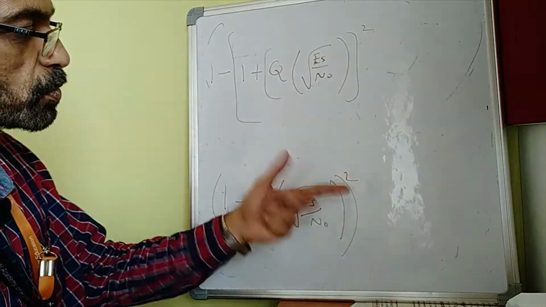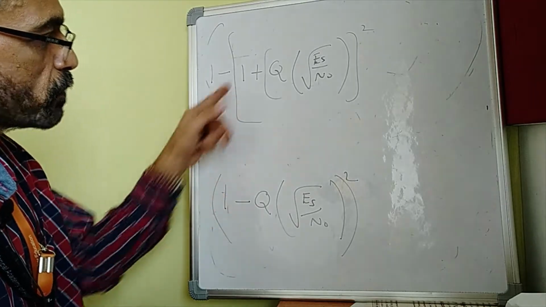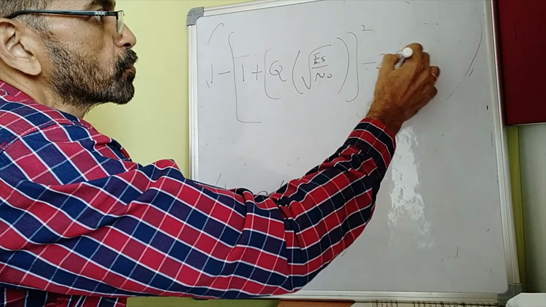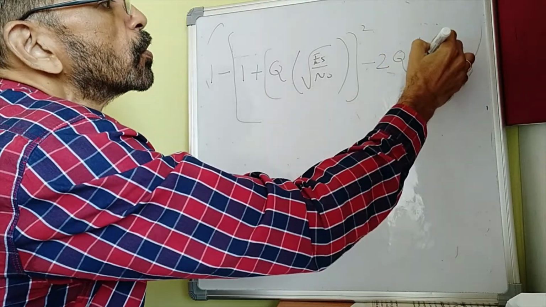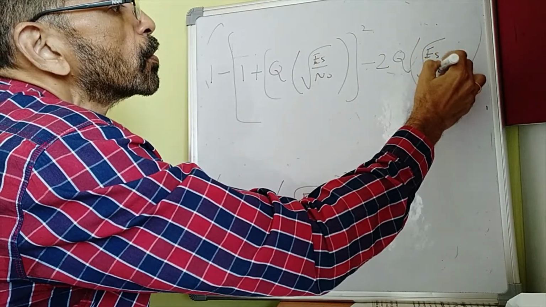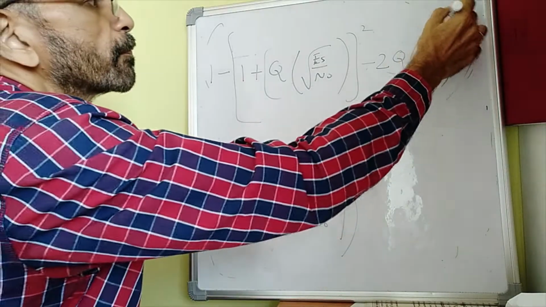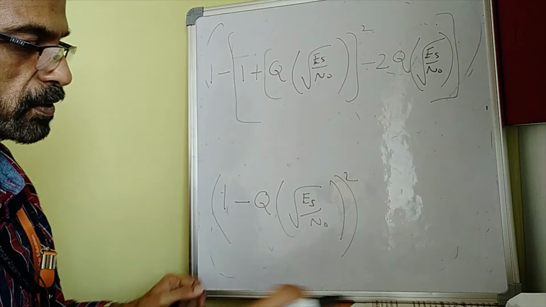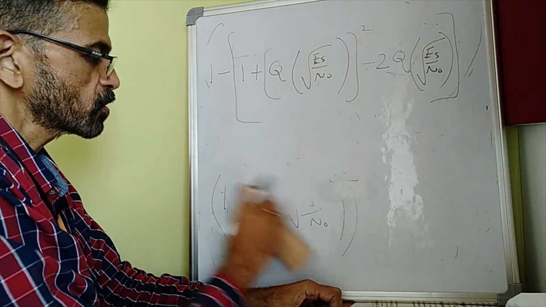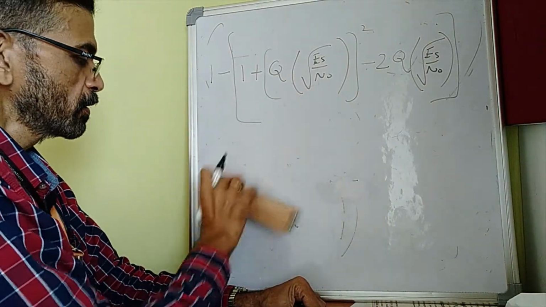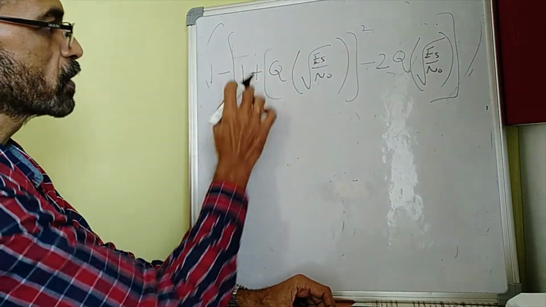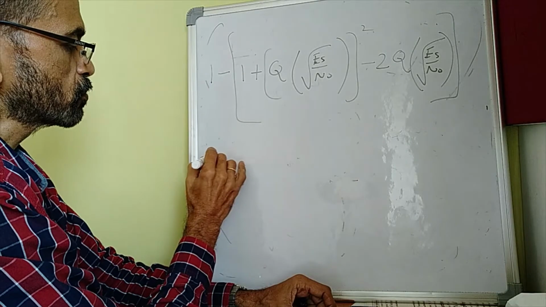So it is just a minus b whole square. So 1 square of this plus square of this minus 2 into Q root Es by N naught. When you open this bracket, there's nothing much to expand, you just have to open the bracket and take care of this negative sign. You will get 1 minus 1, and minus of this and plus of this.